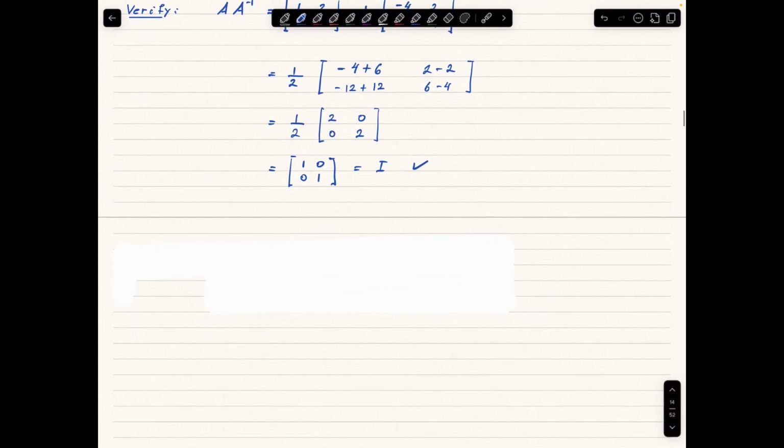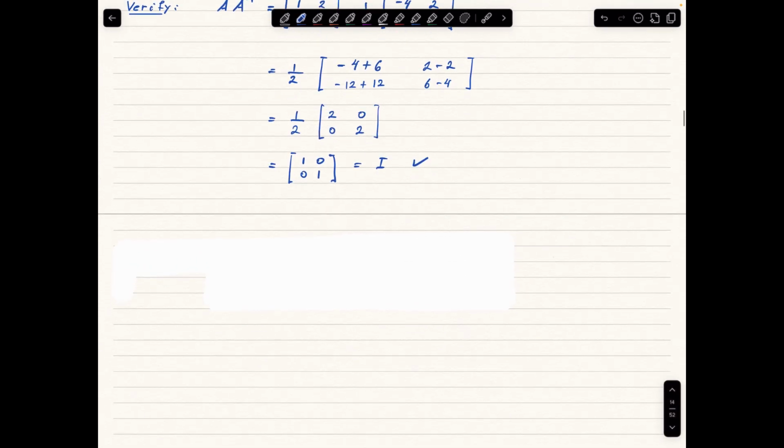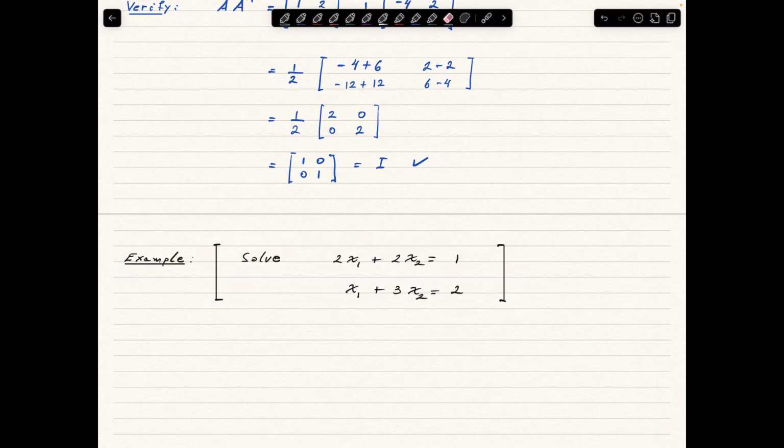So now let's use this inverse matrix, the formula for the inverse matrix, to solve systems of equations, like this system here. Suppose you want to solve this system. Well, what we could do is, for example, compute x1 from this equation by moving this to the other side, then put that in here and compute x2, and then go back and solve for x1.